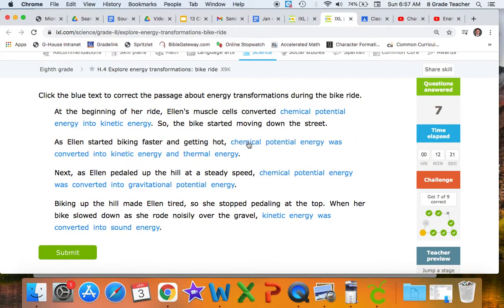As Ellen started biking faster and getting hot, chemical potential energy was converted into kinetic and thermal energy. So she increased that effort, which increased her speed and getting hot. Next, as Ellen pedaled up a hill at a steady speed, chemical potential energy was converted into gravitational potential energy.